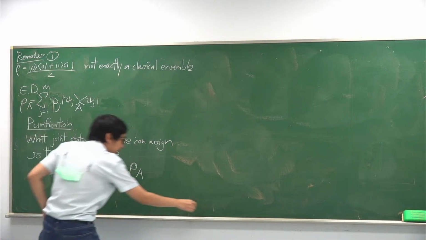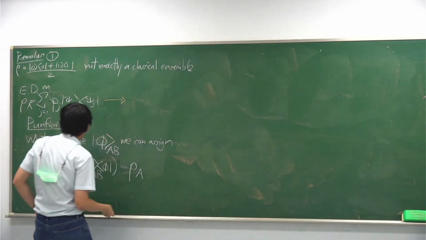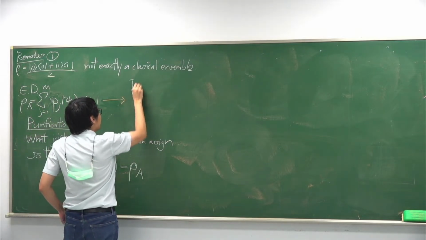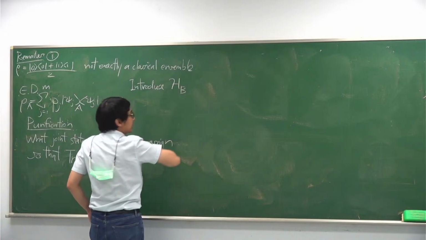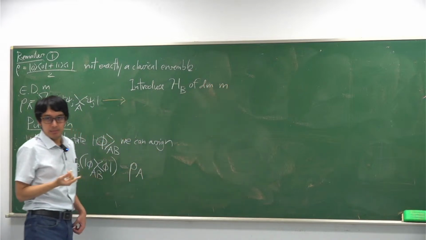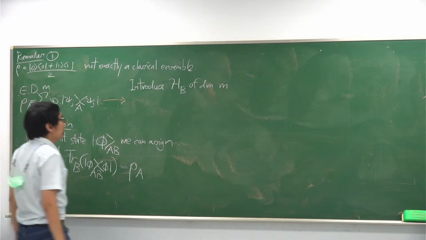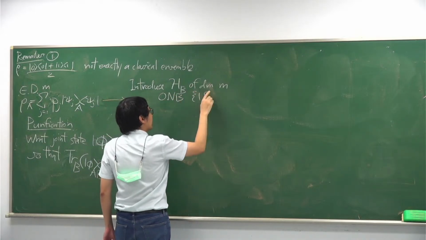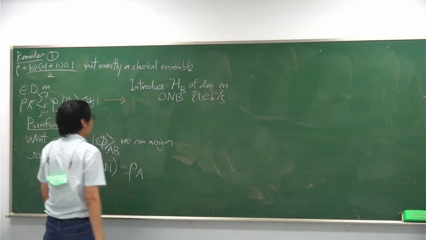So what you do here, basically by inspection, is introduce a Hilbert space B of dimension m, equal to the number of pure states in the ensemble, and pick an orthonormal basis, I can use e_k.